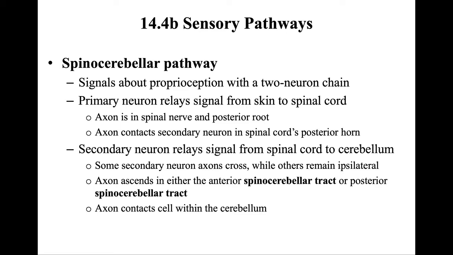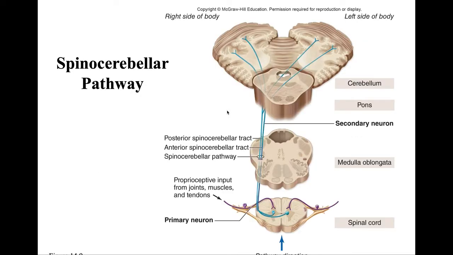Information about balance. In Chapter 13 on the brain, we learned that the cerebellum plays a role in fine-tuned motor control. So this is giving you information about how your body is moving. Next slide. Here's a picture version on page 545 at the bottom, showing you the spinocerebellar tract. Next slide.